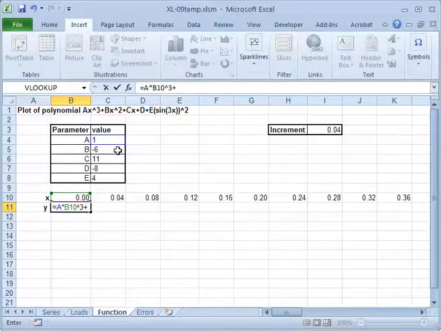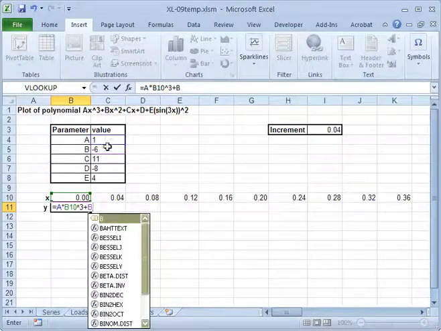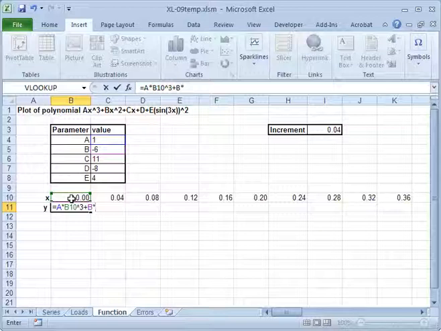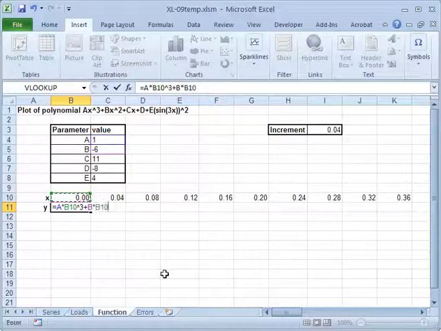Next term is plus b, so we just type b. That's the name of this cell, so it's going to be -6 in there. And times, same thing at this moment, x is this one again, right? So B10 squared.